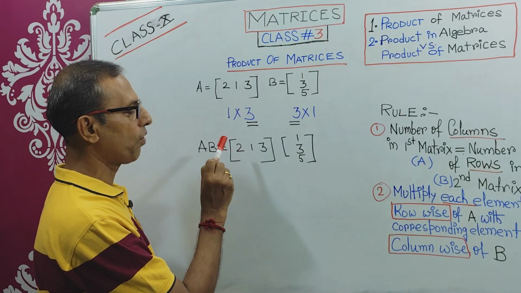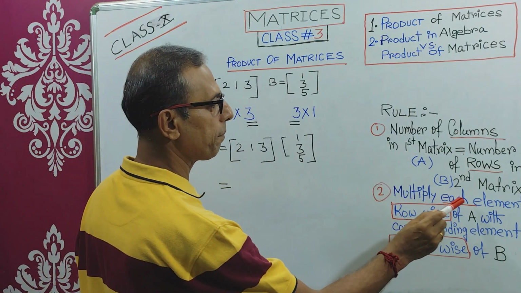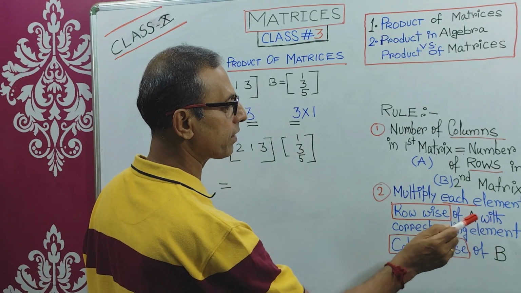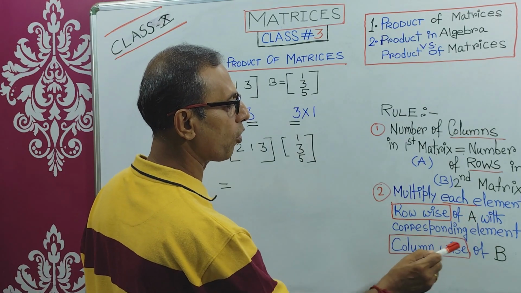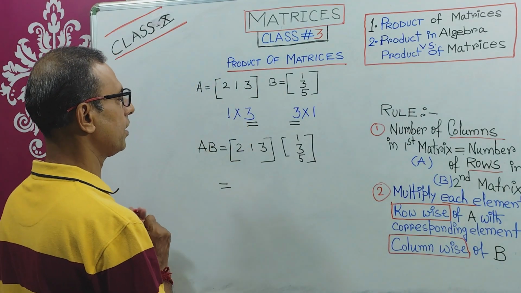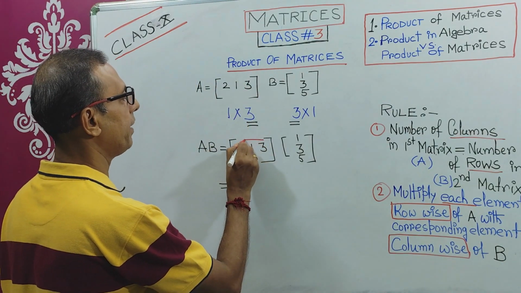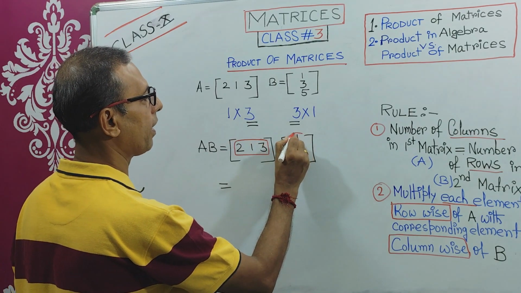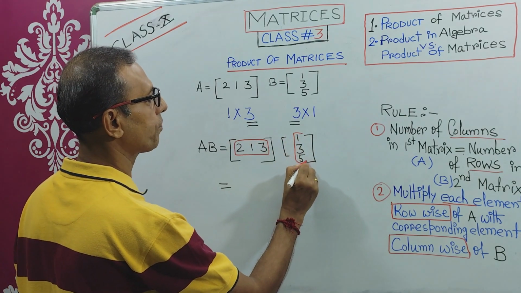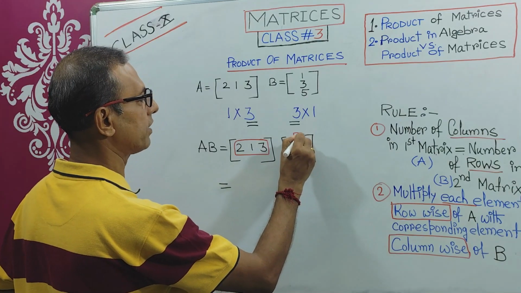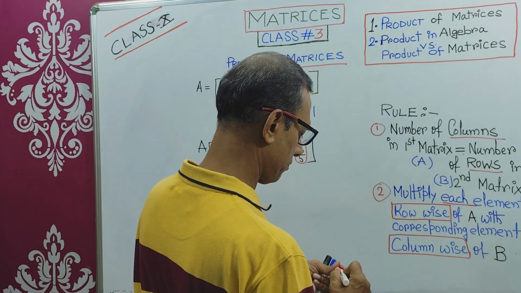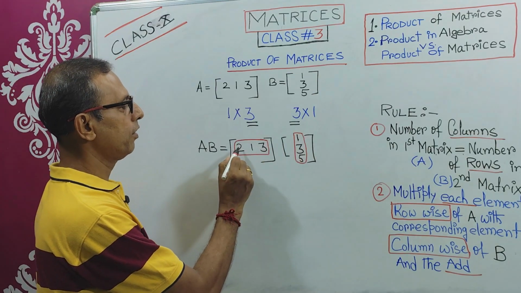You need to remember that for each row of the first matrix, you multiply each element row wise of A with the corresponding element column wise of B. That means you take each element of A row wise, multiply with each element of B column wise, and then sum up.